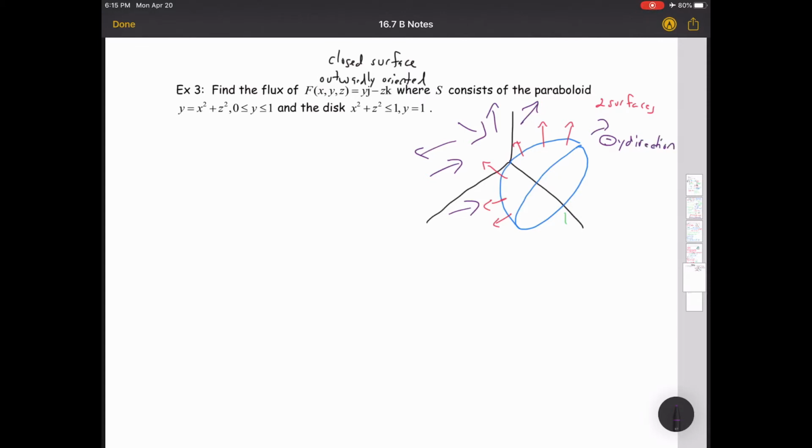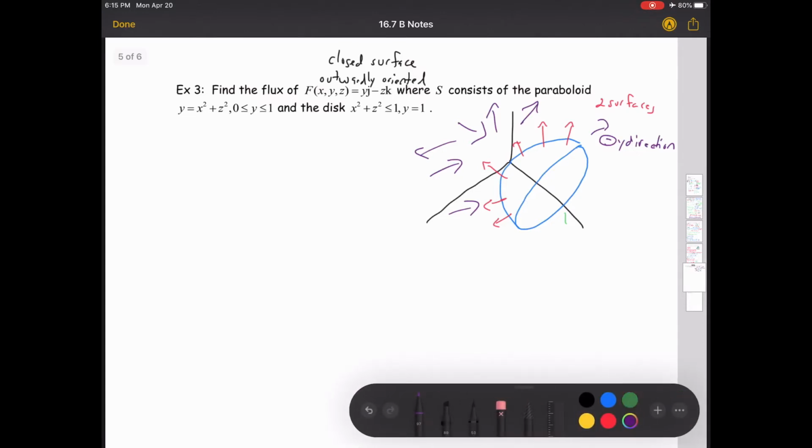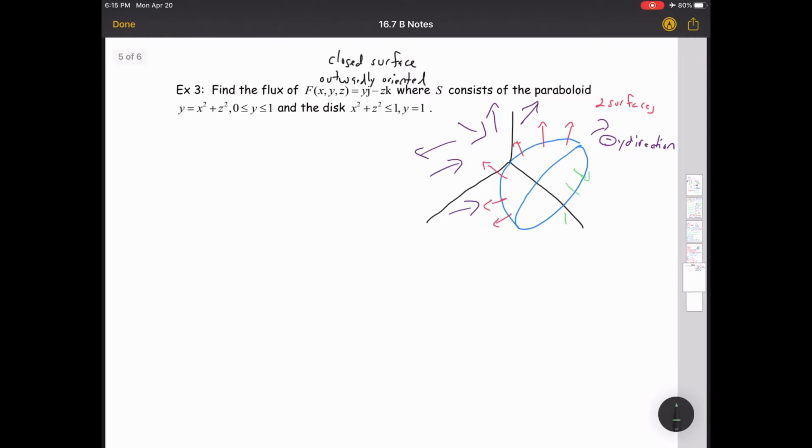Okay, and then we've got the portion which is coming out from the disk. Well, in order to be perpendicular, it has to be this way. There's really not much other choice there, because that's a flat disk at y equals 1, so it's got to be coming out perpendicular in that direction. So in that case, we are looking for a positive y direction.